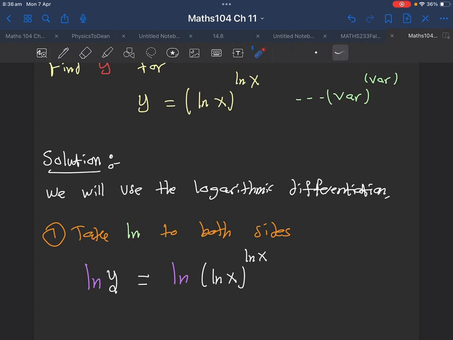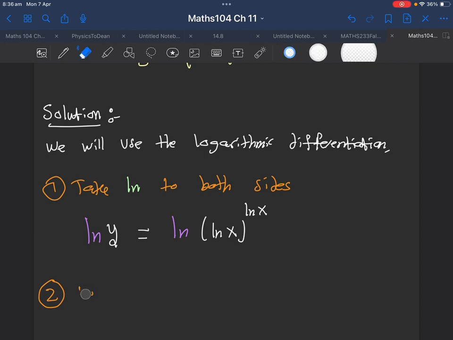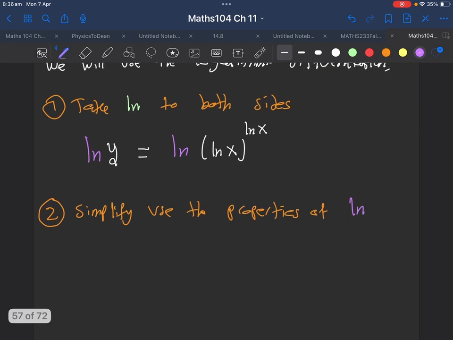Well, now, by the properties of the ln, this power can go down. And that's the nice thing. So in step number 2, we simplify using the properties of the ln.